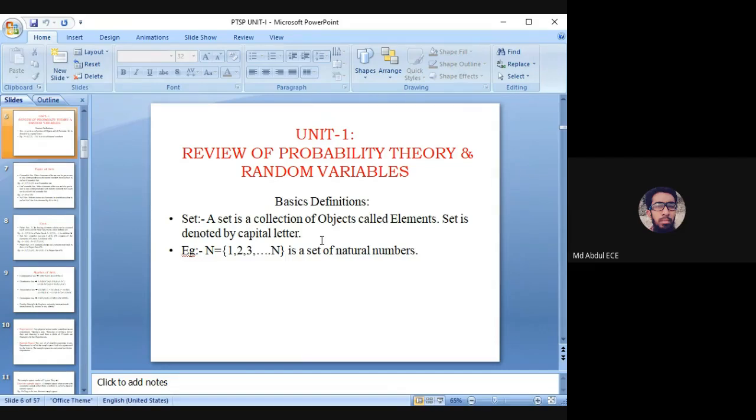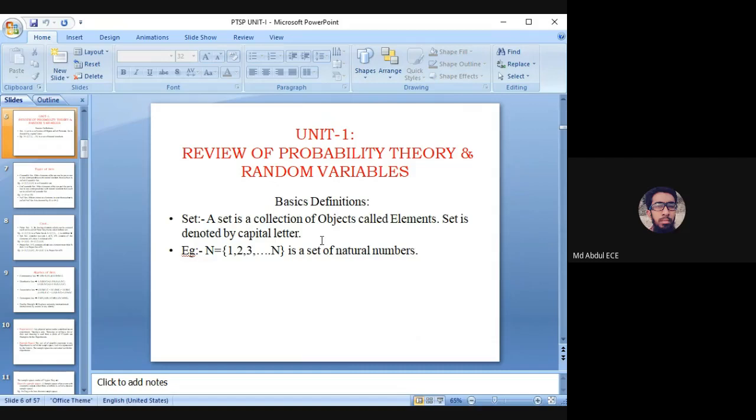In a similar way, we are first going to start with alphabets. Those alphabets are nothing but the basics of probability theory, which we'll study in this first unit, review of probability theory and random variables. So let me start. The first definition of this probability theory is: what is a set?